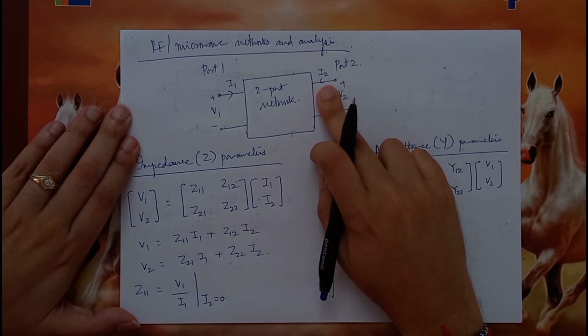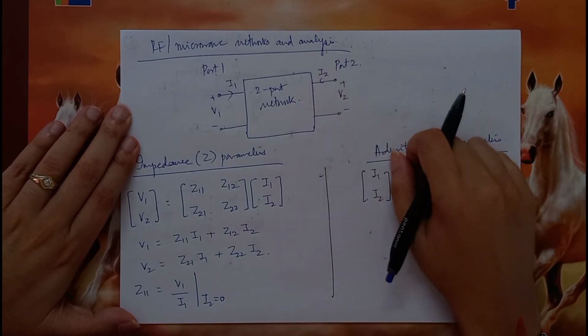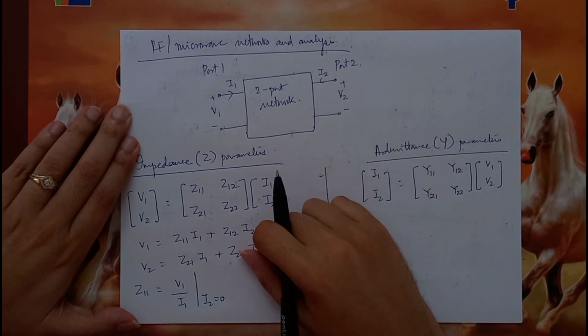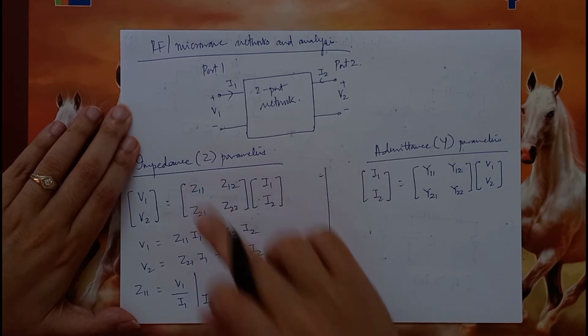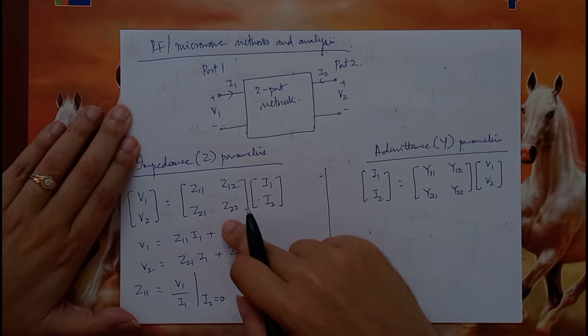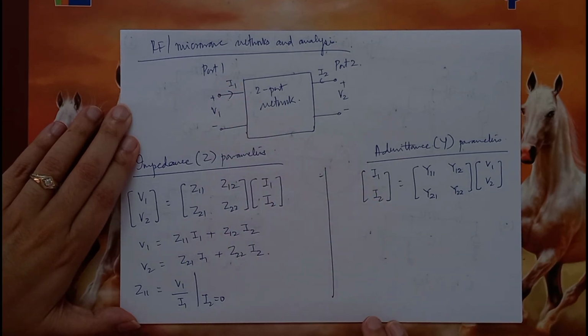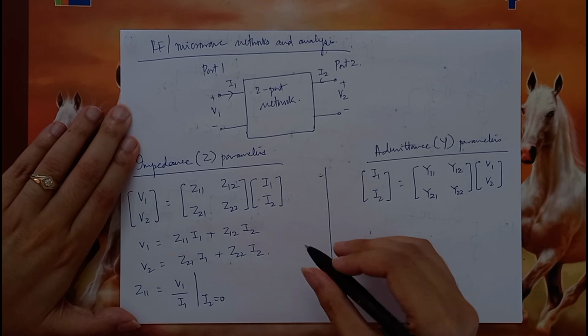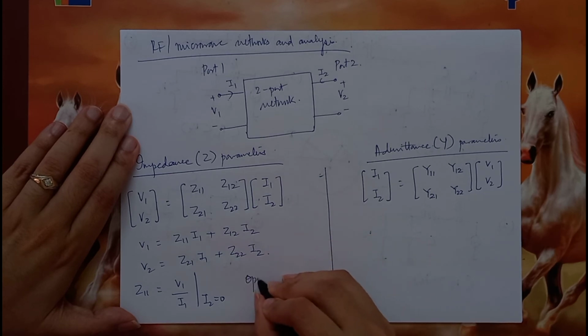And how can we make I2 as 0? We can make I2 as 0 if we make port 2 an open circuit. So if you want to find out Z11 and Z21, you need to make I2 as 0. If you want to find out Z12 and Z22, you need to make I1 as 0. So this can be found out by making either of the currents 0. Therefore, these are also called open circuit parameters.